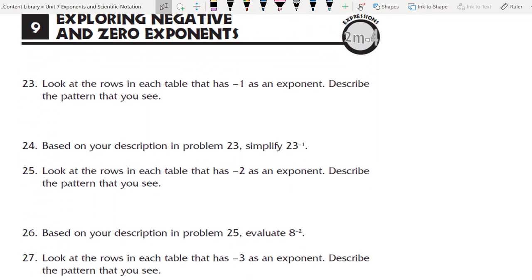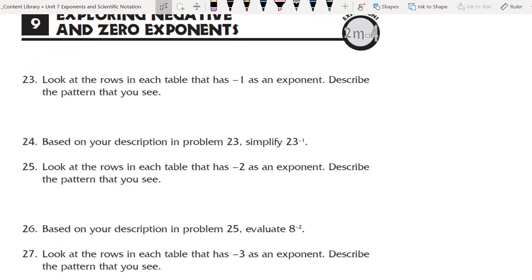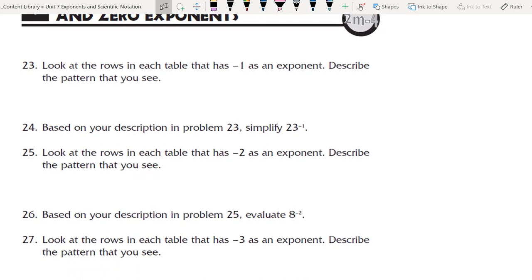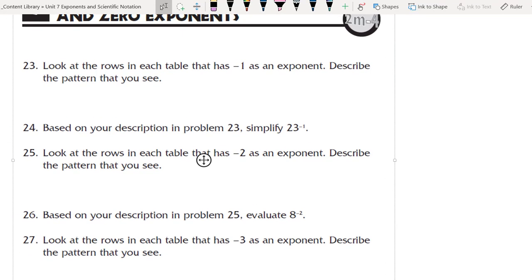Look at the rows in each table that has -1 as an exponent. What pattern did you see there? Okay, did you notice that if we had 5 to the -1, that became 1 over 5.